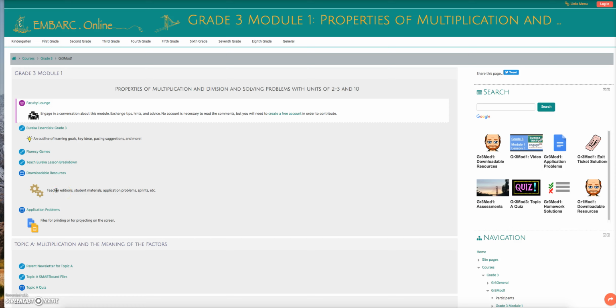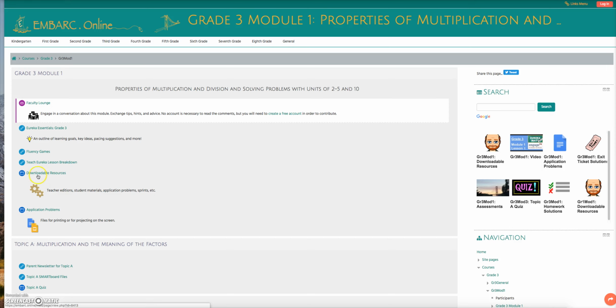And in the Teacher's Edition, I'm asking you to kind of compare and contrast how a Eureka lesson, some of the questions that you asked me today, how detailed, what do the questions look like, what types of materials are used.